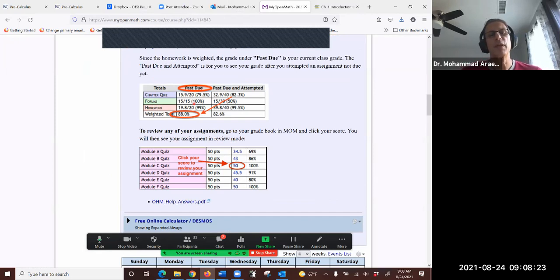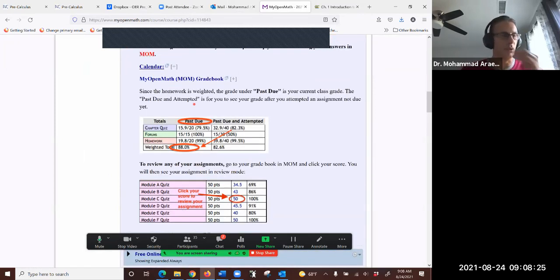Now, what I want to explain, because this comes up almost every semester, right here, this tells you how your grade is calculated in MOM. If you look at the grade under the past due, for example, this one says 88%, but past due and attempted, it's 82.6%.